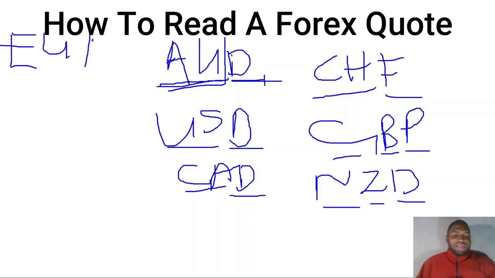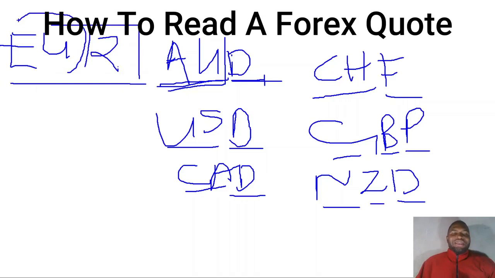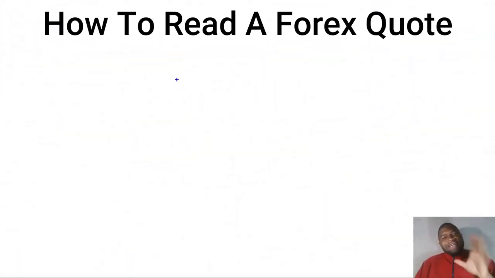We also have the euro, right? This one you just have to know as it is, because it belongs to the European countries. And then lastly, the Japanese yen, JPY.